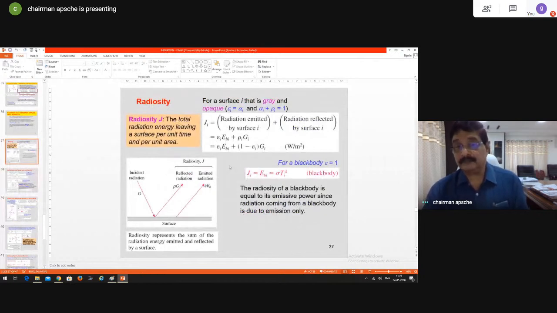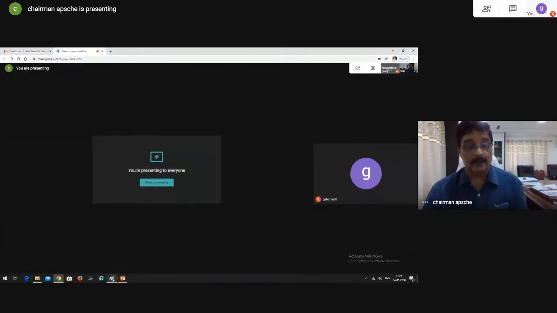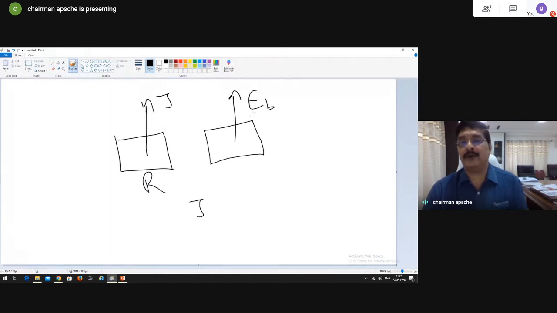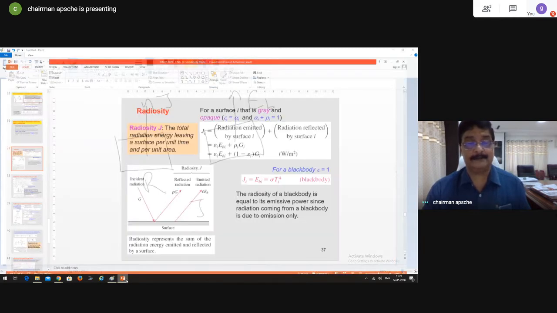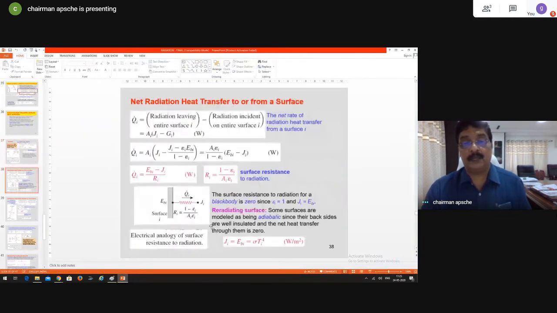So J is something else, whereas for a pure black body, this comes out. Whereas if it is J, something else comes out. And therefore a resistance comes into the picture. Black body is an ideal body. A black body is one which emits the maximum possible radiation. So for any real surface, this resistance comes into the picture. For a black body, I have told you there is no resistance.